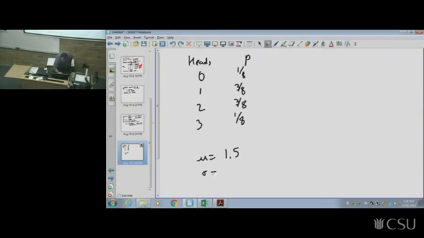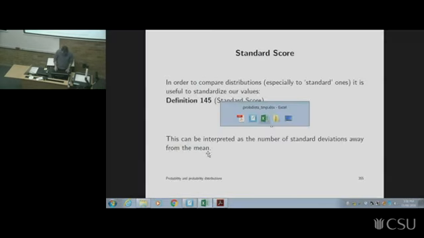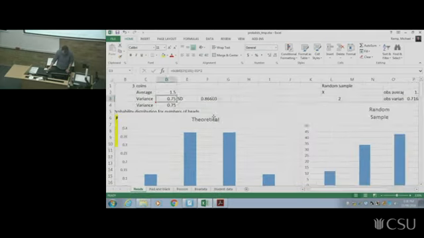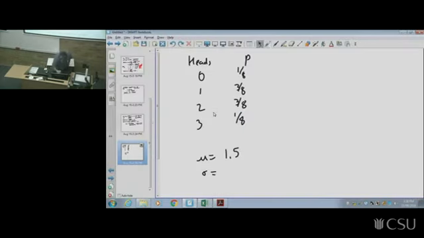The standard deviation would be 0.866 in this case. So the Z score is the value you have, 0, minus its average value, minus 1.5, divided by its standard deviation, 0.866. That would be the Z score in this case.